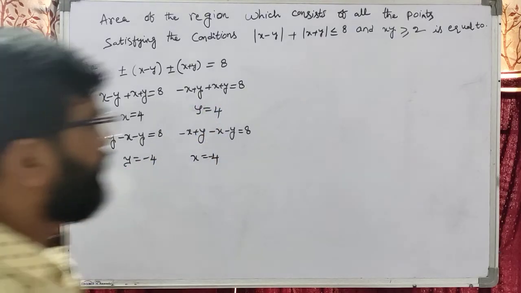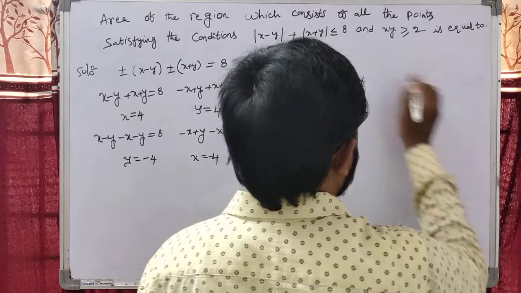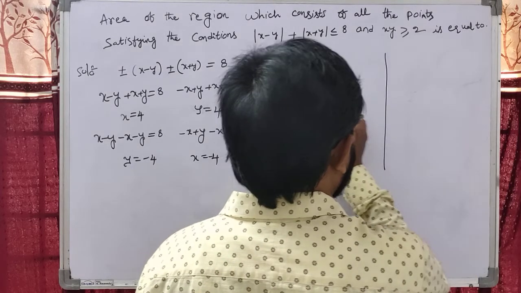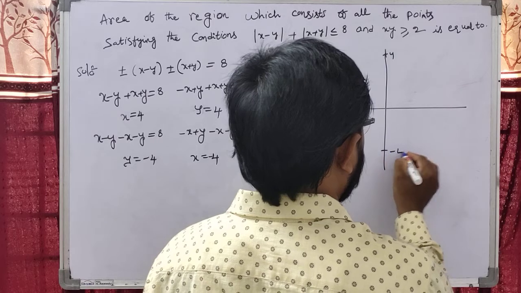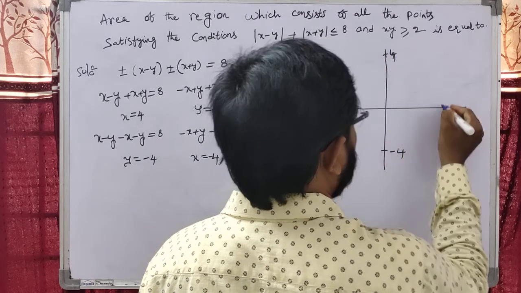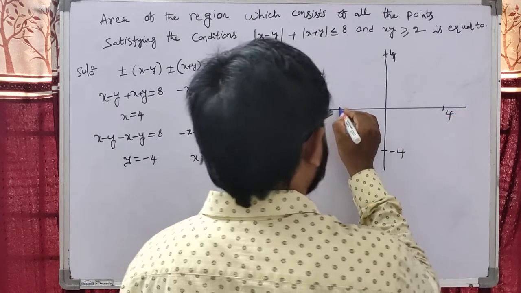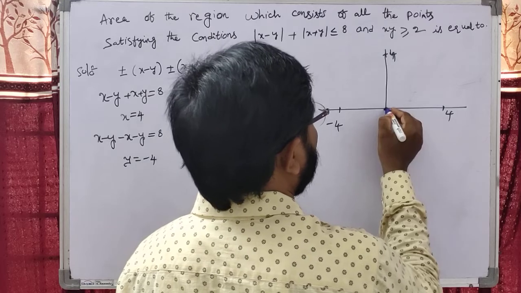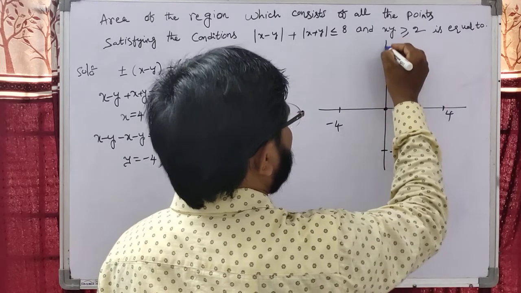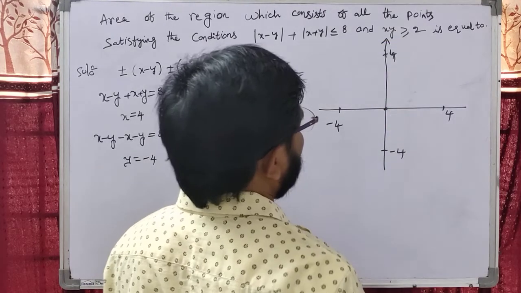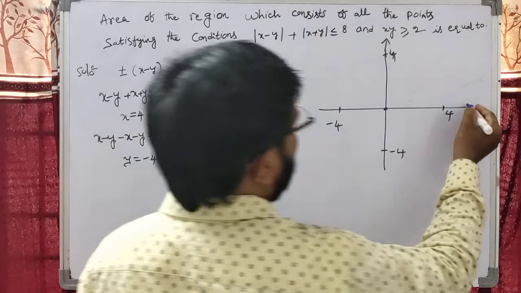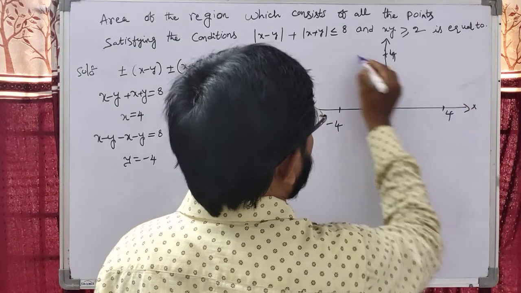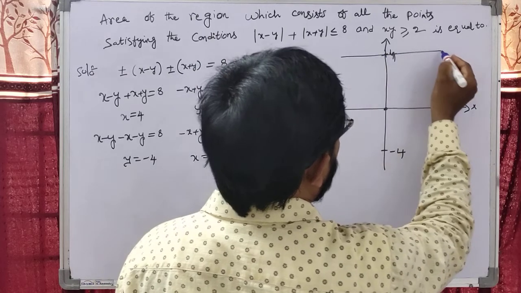So now we can draw the diagram, students. This is 4, this is -4, dear students. This is also 4, this is -4. Now, dear students, this is the y-axis. This line, parallel to the x-axis, is y = 4.